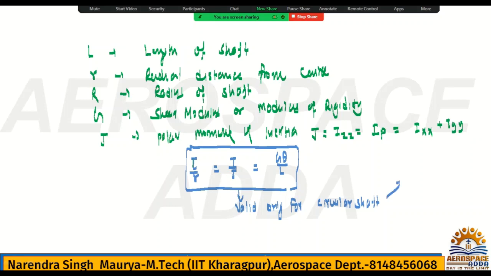If I say circular shaft, it means both solid and hollow.